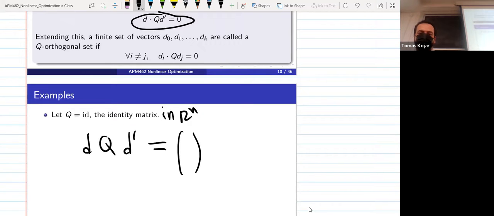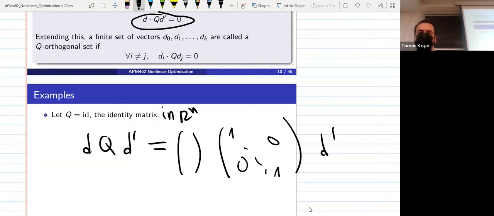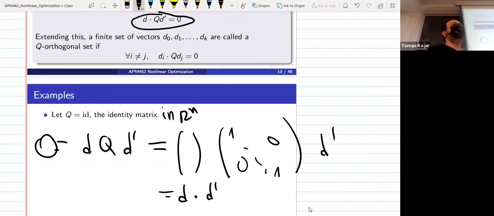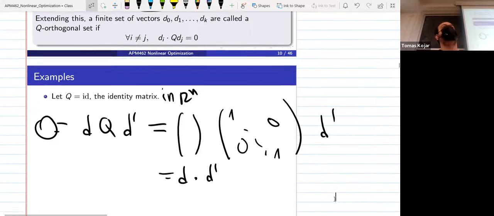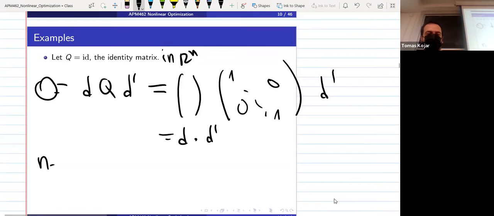Suppose you have a vector and you have a bunch of ones. It's the identity matrix, so this gives you back the vector. And can someone tell me some vectors that satisfy this? What's an example of n vectors that are orthonormal?